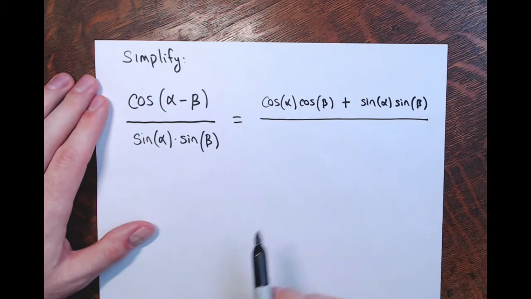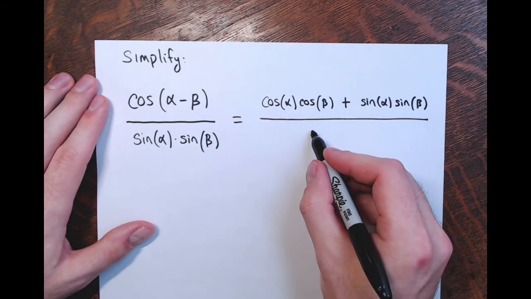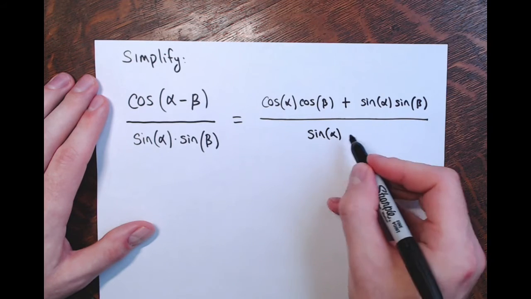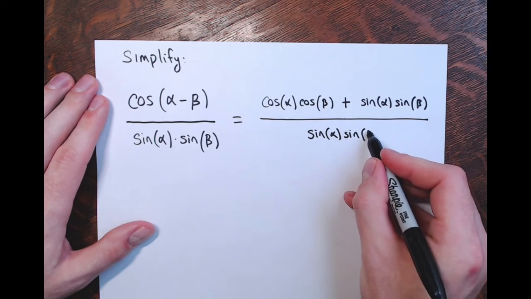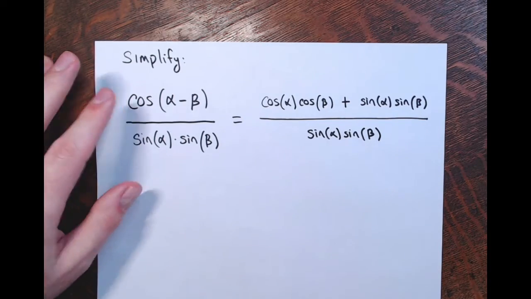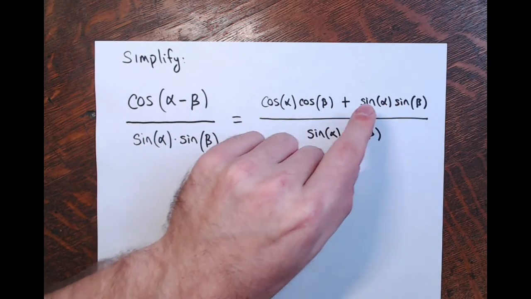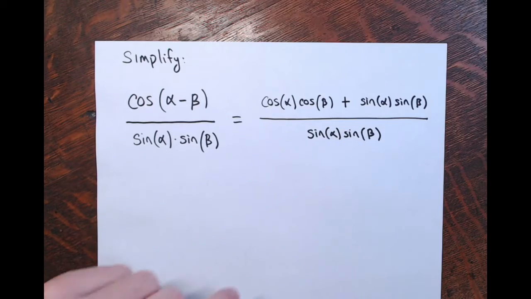All right, so that's what I'm replacing the whole numerator with. Right? So that's the whole numerator, divided by this sine of alpha times sine of beta. Now I hope you recall that if the numerator has multiple terms, you can divide each of those terms by the denominator. Right?